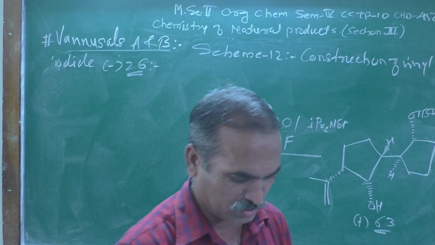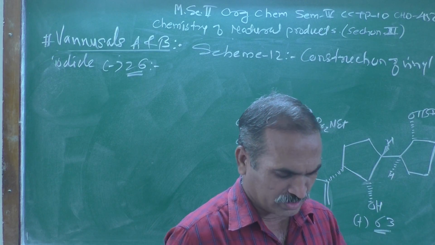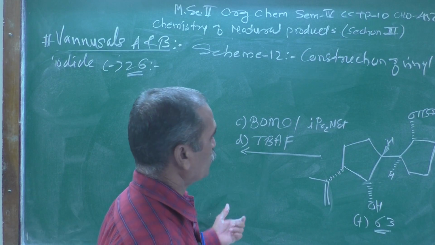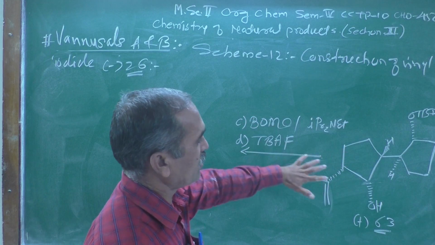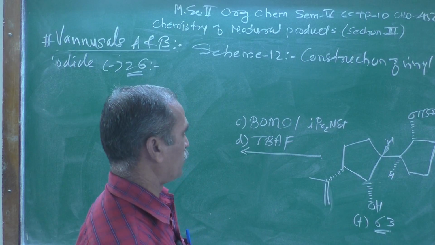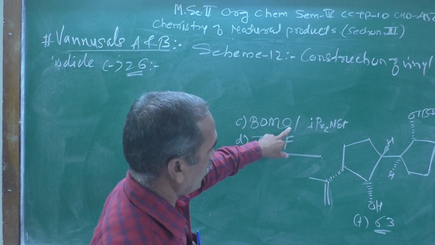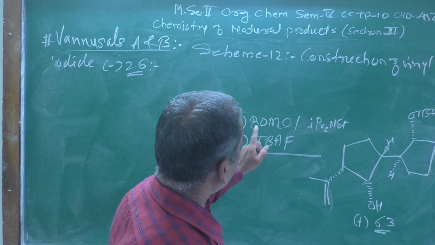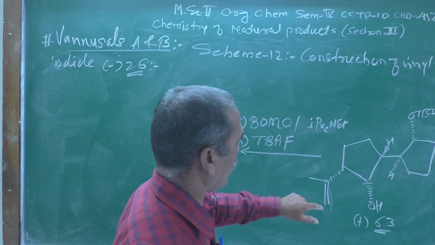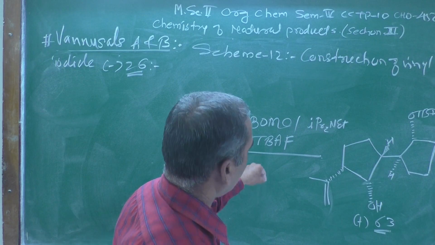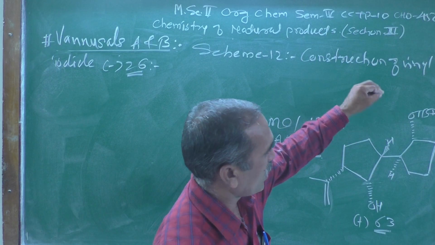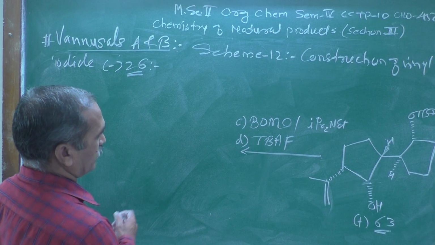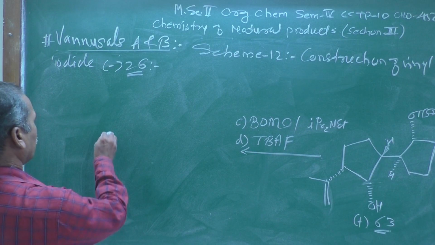BOM chloride will protect the hydroxyl group, and tetrabutylammonium fluoride is a well-known deprotecting reagent which can deprotect that silyl group, so that we will get the product.